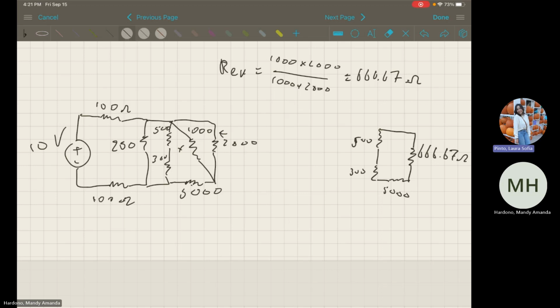Two in series on the right. Yes, which ones? 5,666. That's correct. And while we're at it, you could also add the two in series on the left. Yes, good job. So you would have an 800 ohm resistor here. Does everyone get how we got that? Okay, good. And then another resistor over here, which would be 5,600.